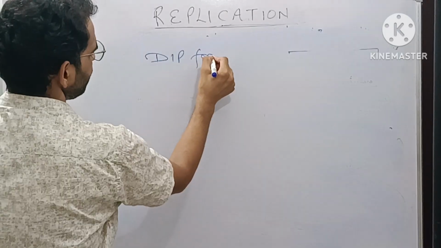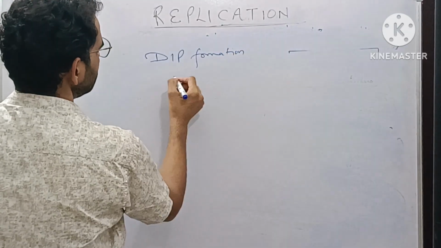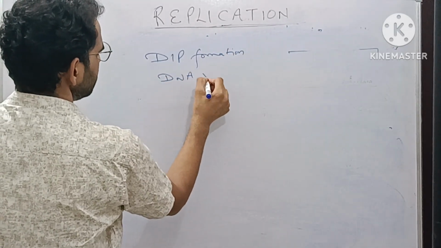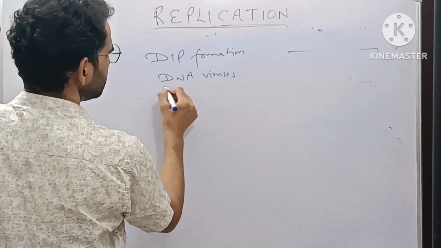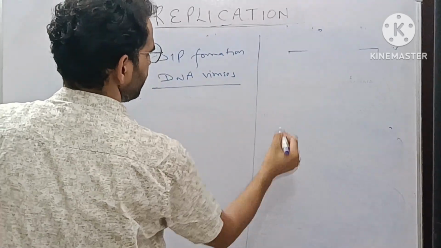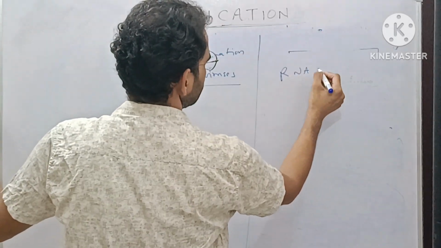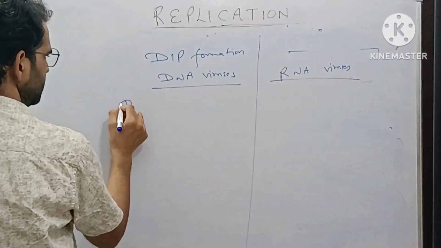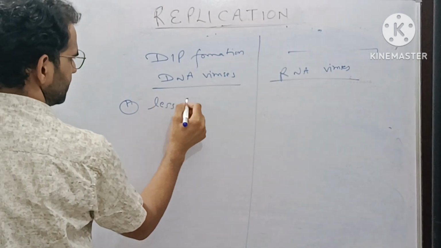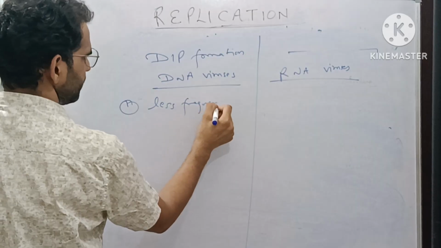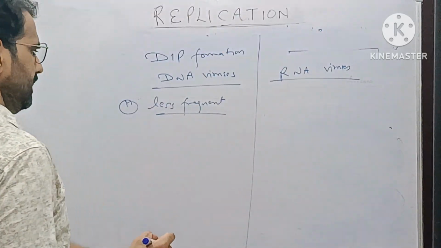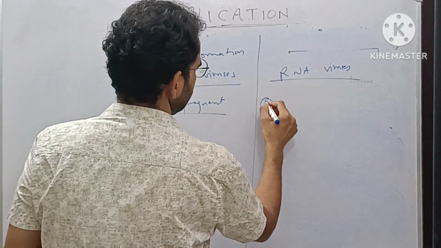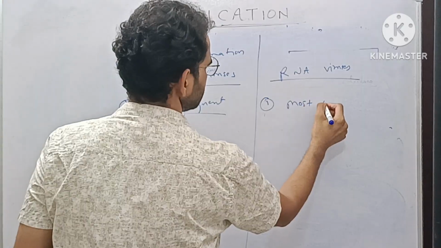Now, DIP formation in DNA viruses and DIP formation in RNA viruses. In DNA viruses it is less frequent, and in RNA viruses it is most common.